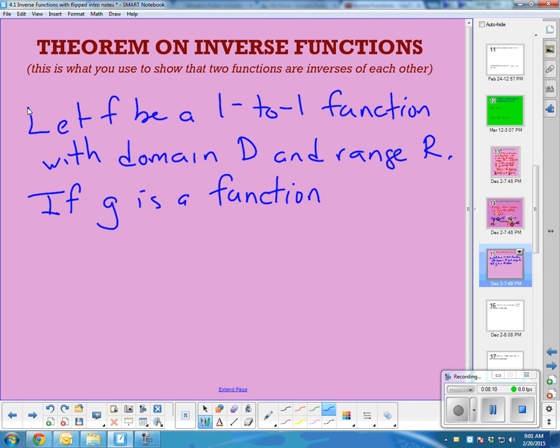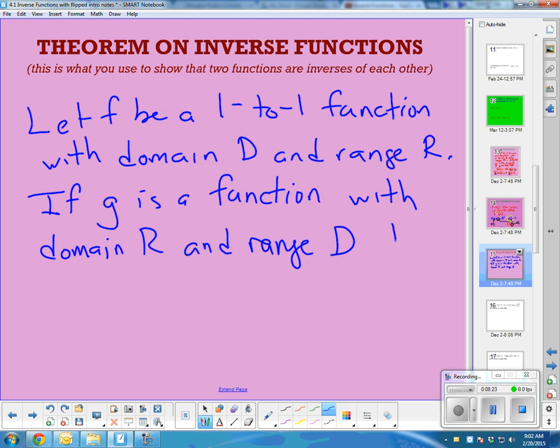If g is a function with domain R and range D, we've been talking about that flipped relationship there.